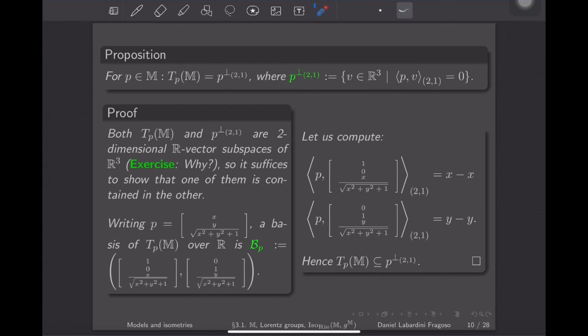What's the idea? Why would I want to do such a thing? Well, take one point in the hyperboloid, take its tangent plane, and suppose that I already defined some inner product. Having done that, I can measure lengths of velocity vectors of curves that pass through that point.